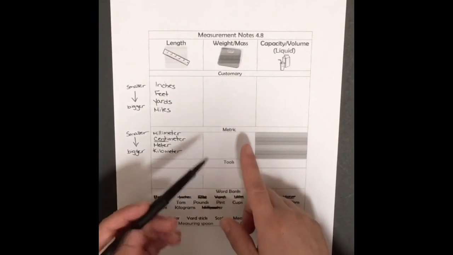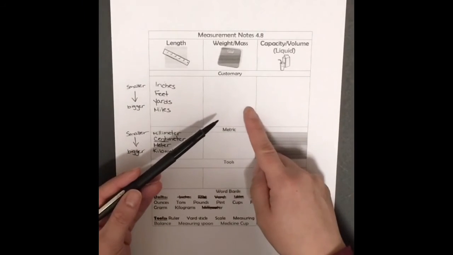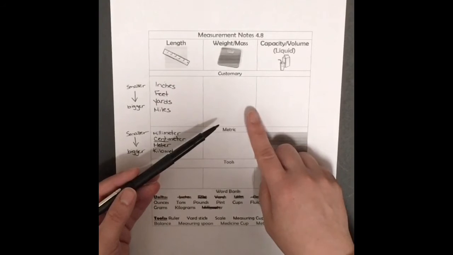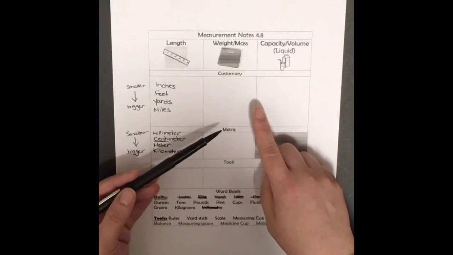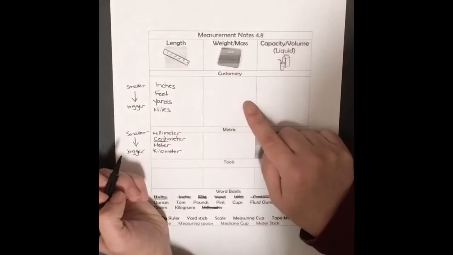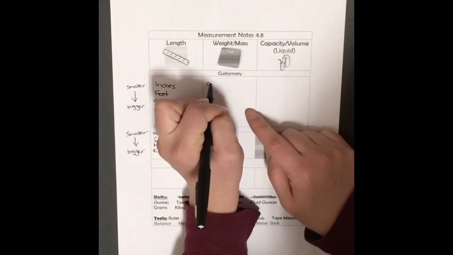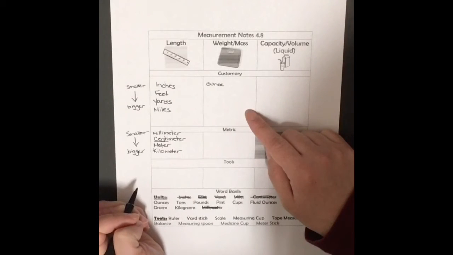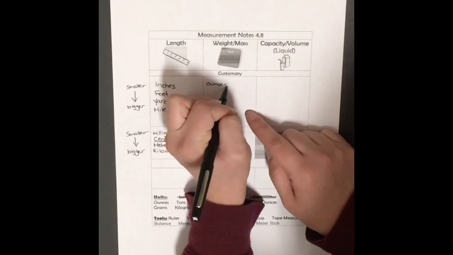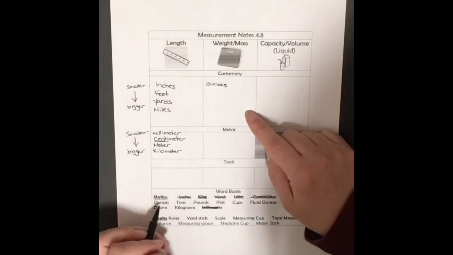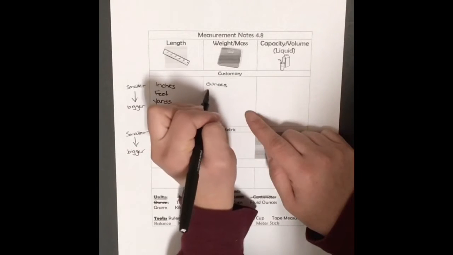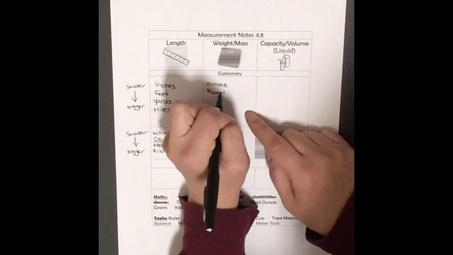Now we're going to go into weight. Again, we'll start with customary. And in the customary system, we have ounces, and pounds.